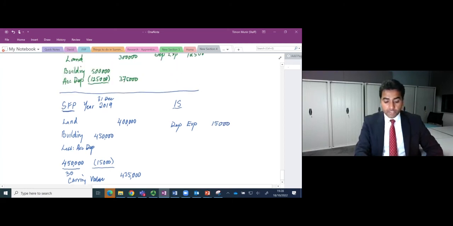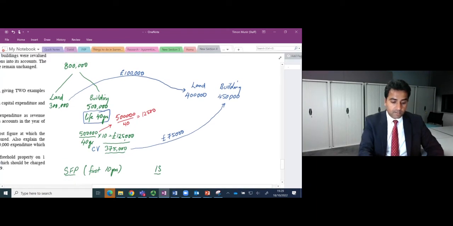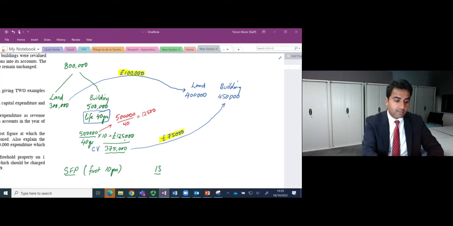The total revaluation, you can see from this diagram, the total revaluation in this question is £100,000 for the land and £75,000 for the building. So let's record for the land first.